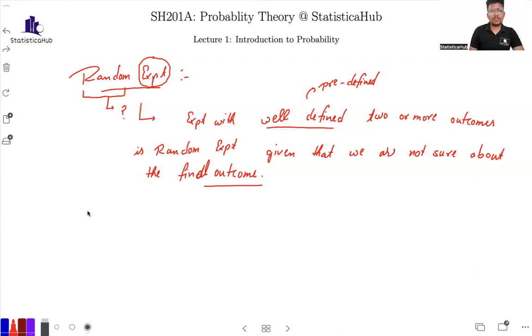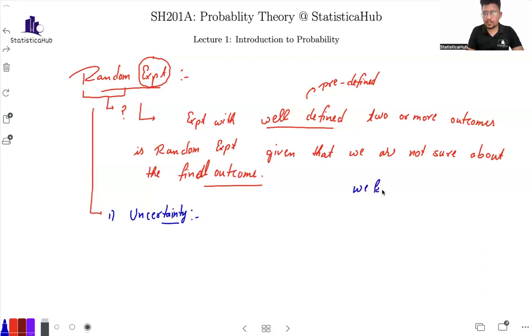So in the context of random experiment, you can define two or three different terms. The first term is uncertainty. That means the outcome is not predetermined. You know what the possible outcomes are, but there is a different thing that you have to understand.